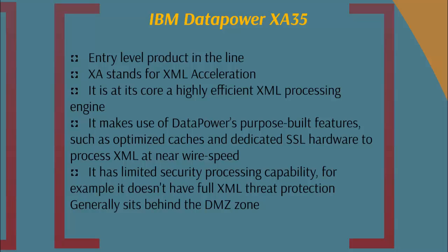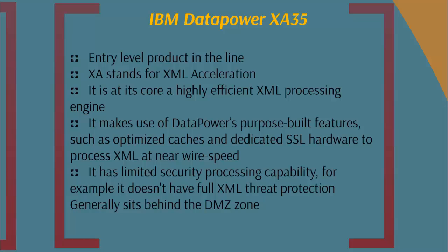If the XML processing is large, I mean, if there are large XML documents that need to be processed, or a large number of small XML documents, XA35 is the appliance you can try to leverage. It makes use of DataPower purpose-built features such as optimized cache and dedicated SSL hardware to process XML at near wire speed.